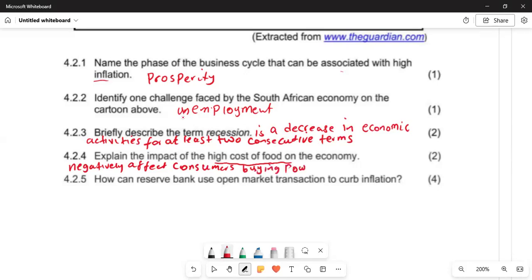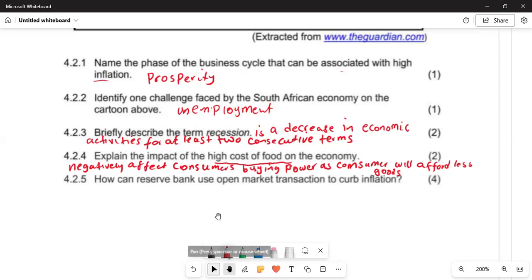Their purchasing power is going to be affected, as consumers will afford less goods and services, which in turn reduces the standard of living. So that is that.